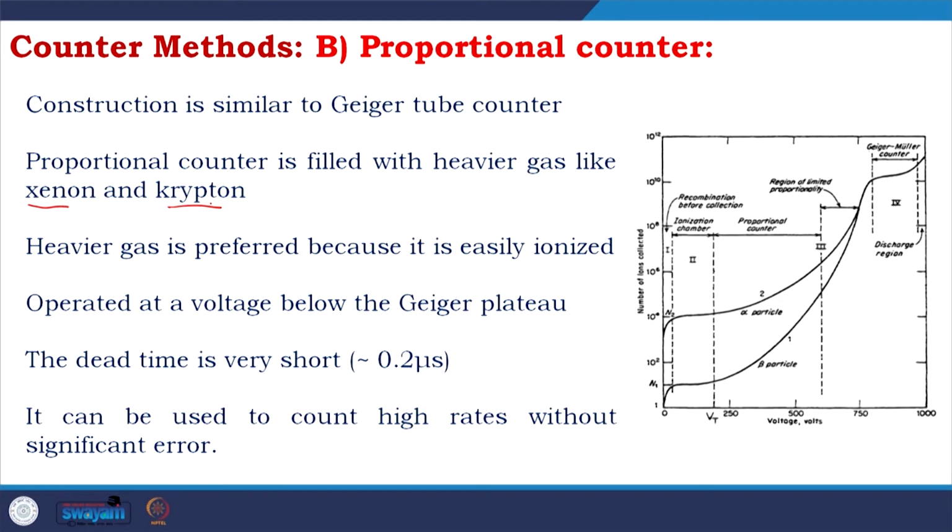It can be used to count high rates without significant error. So, if you see the voltage here is around 250 to 500, whereas in Geiger-Müller it is around 800 to above 1000. So, the voltage is less, and you will see how it produces the region of limited proportionality. If you compare, you will see the difference.